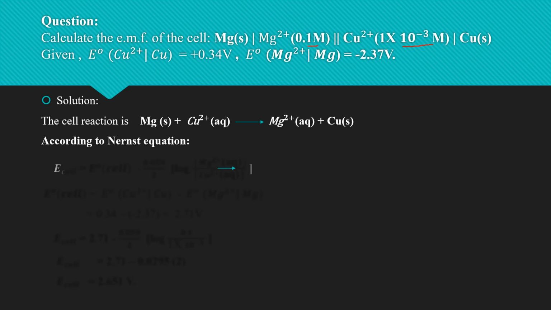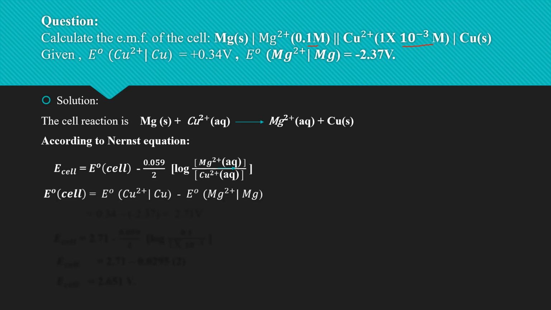According to the Nernst equation, E of cell equal to E naught of cell minus 0.059 upon 2 log concentration of anode ions divided by concentration of cathode ions. Anode ion is magnesium ion, whereas cathode ion is copper ion.